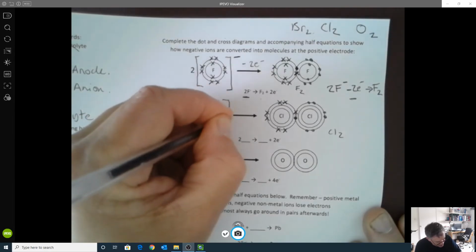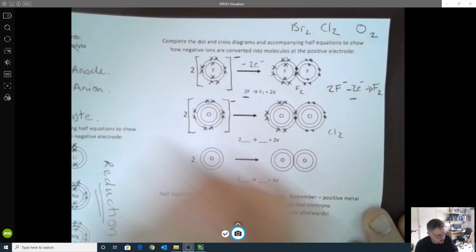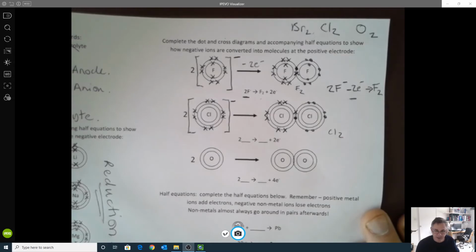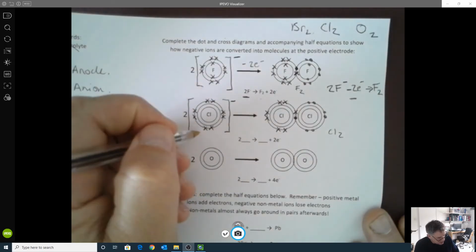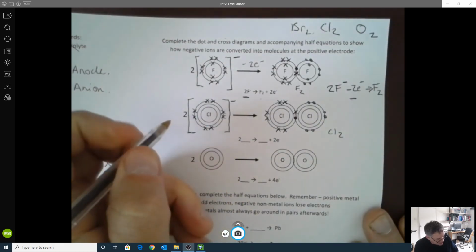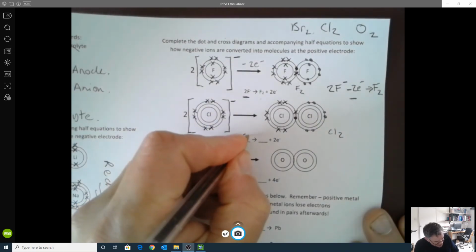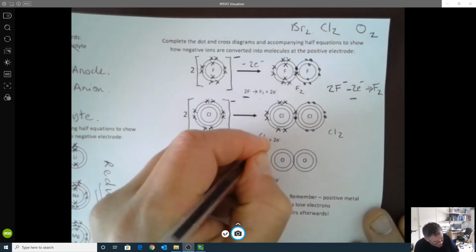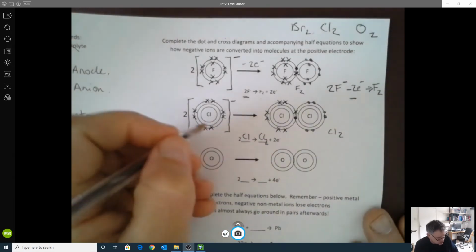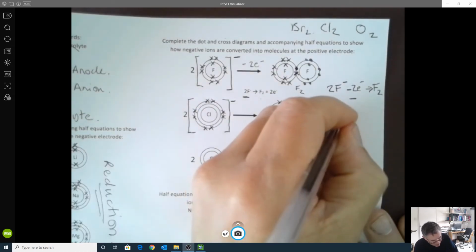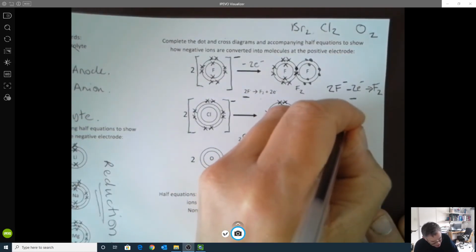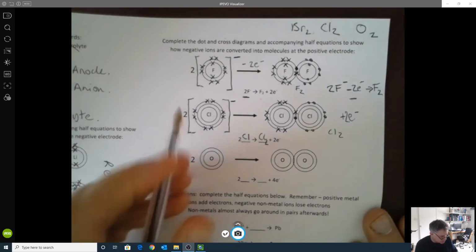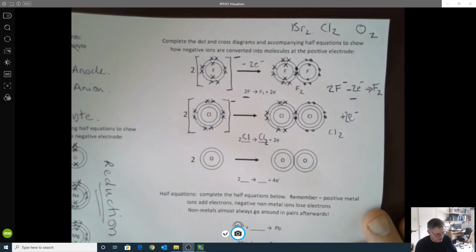It's got a negative charge. And the half equation then becomes 2Cl minus goes to give Cl2 plus 2 electrons, because I've got plus 2 electrons there, or minus 2 electrons from that side.